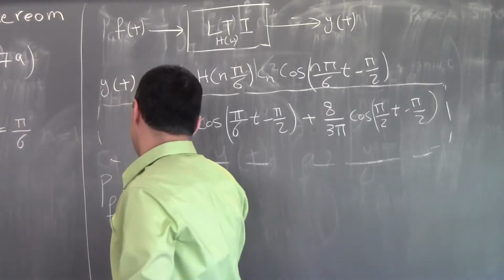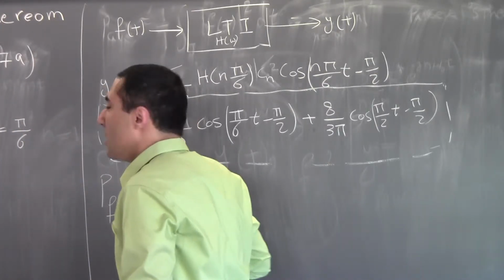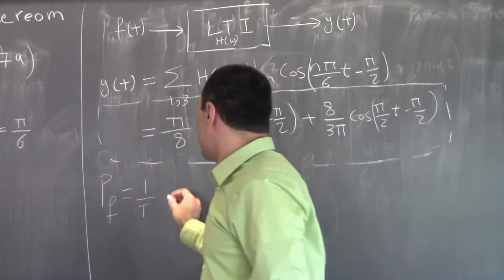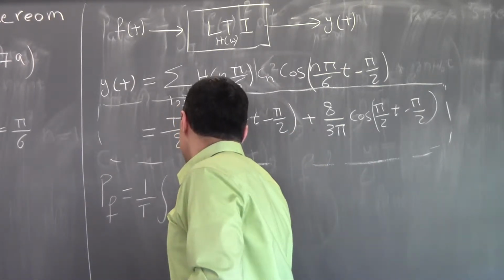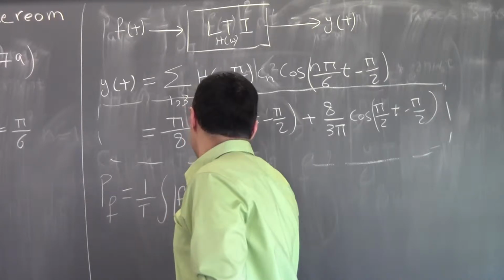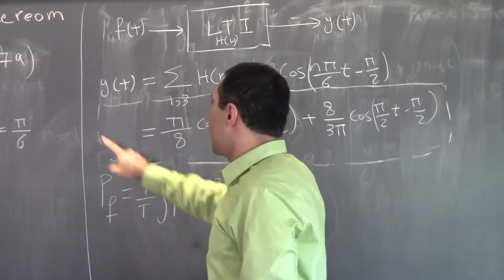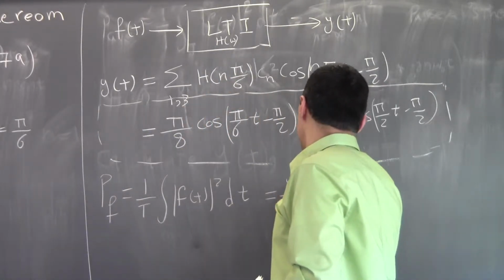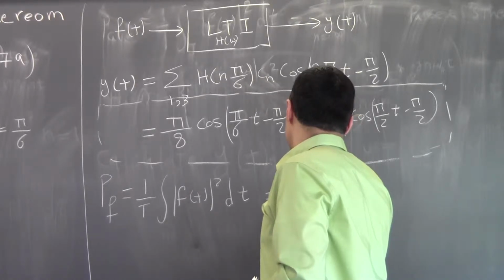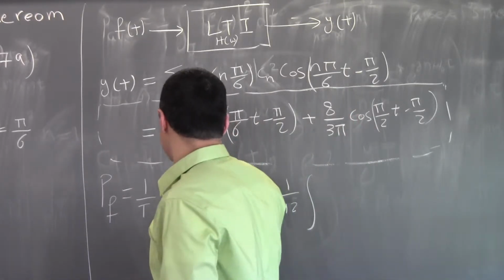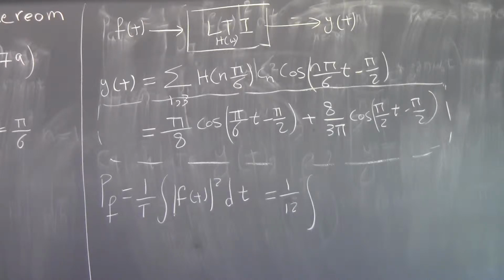So I'm going to take that one and just use the base definition of power, right? 1 over T times the integral of F(t) squared dt, and the period is 12, so 1 over 12. And I can break this integration into two parts. One is from here to here, and then here to here.